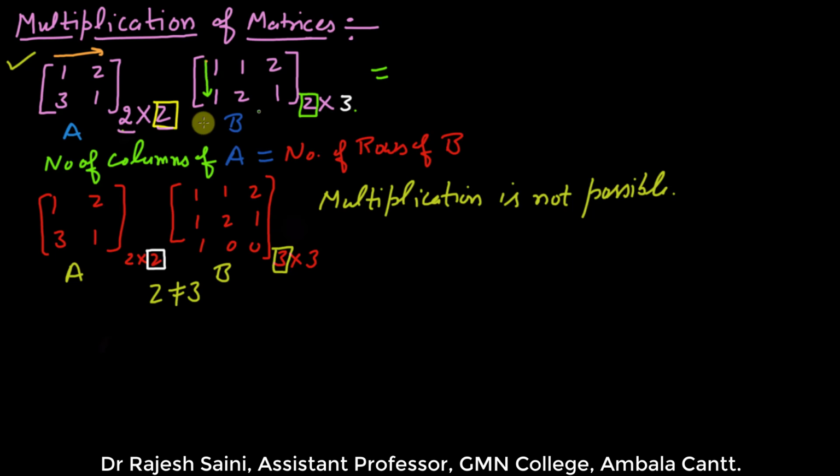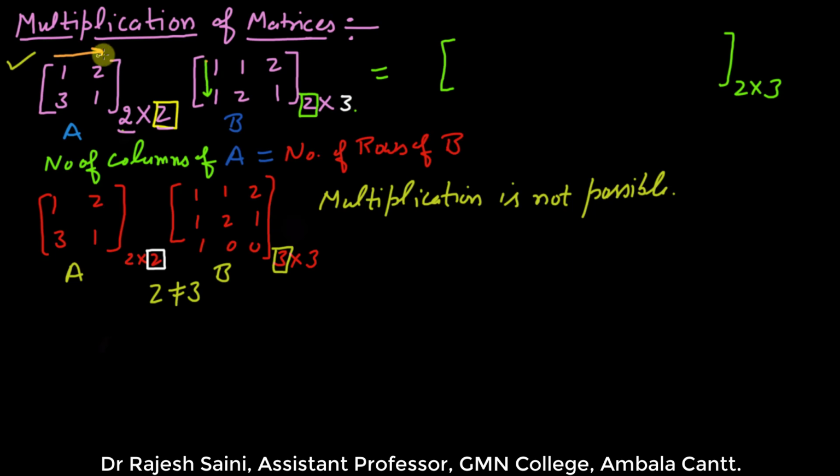The resultant matrix will have 2 rows and 3 columns. I have kept enough space so that I can write the calculations also. The resultant matrix will be of order 2 by 3, because the 2 and 2 are equal, so the result takes the first 2 and the last 3.